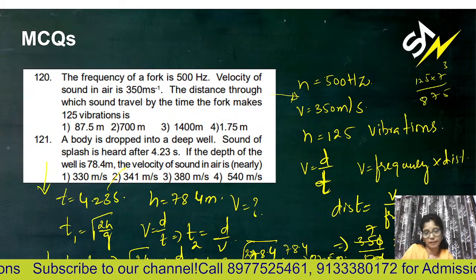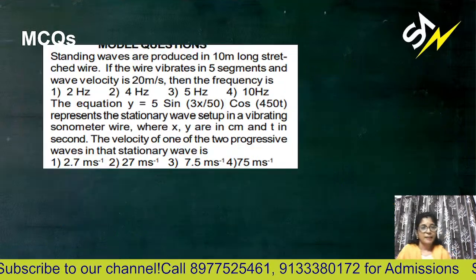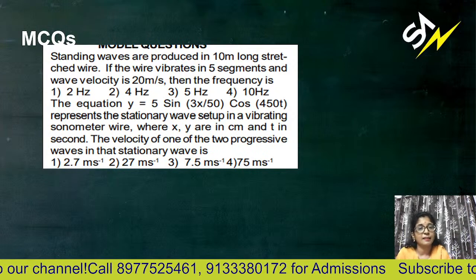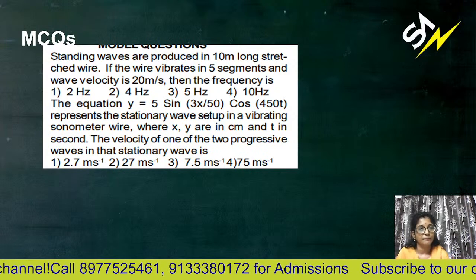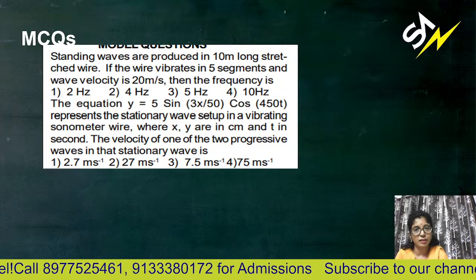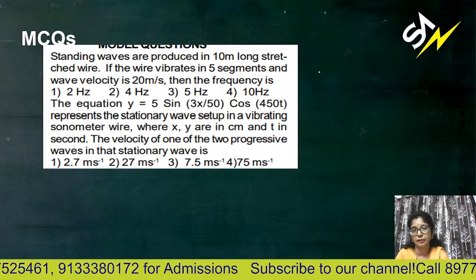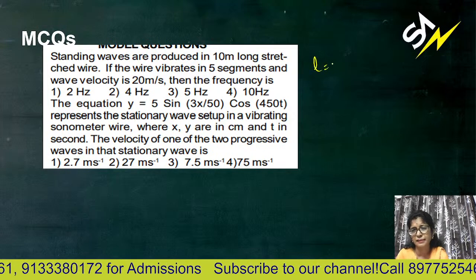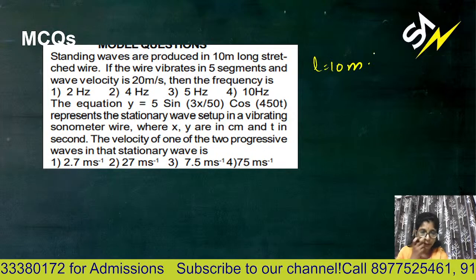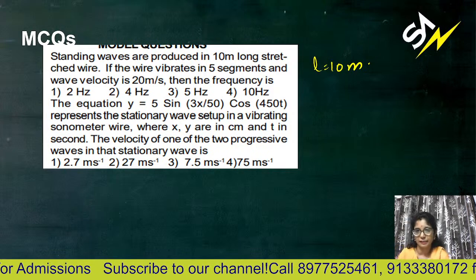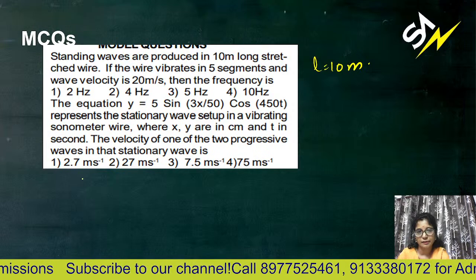And next one we have is the standing wave formula. Standing waves are produced in a 10 meters long stretched wire. The length of the wire is 10 meters, for 5 segments.